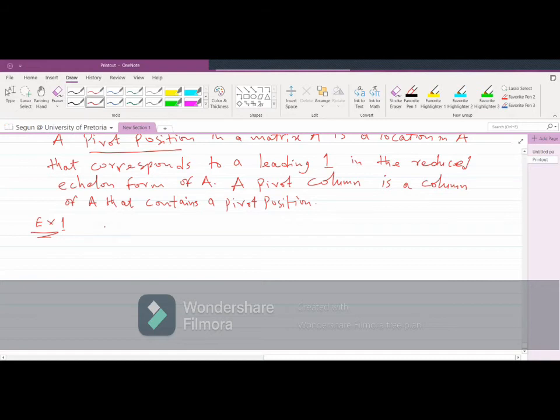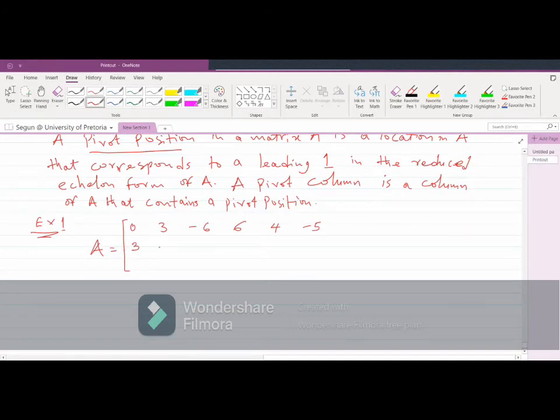So for this matrix, we have A equals: 0, 3, minus 6, 6, 4, minus 5.